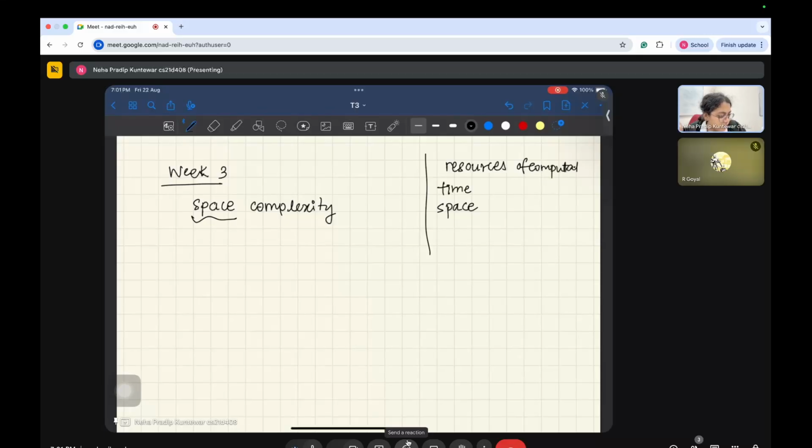Some of the other resources are random bits, then you have something called queries and so on. You can define other resources as well, but for the scope of this course, we'll be mostly focusing on time and space.